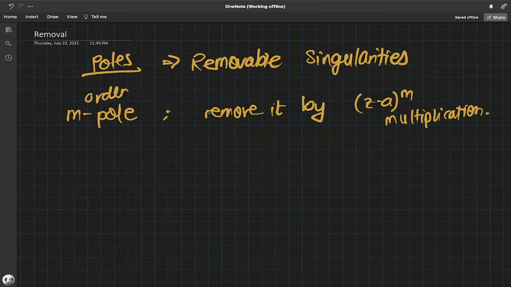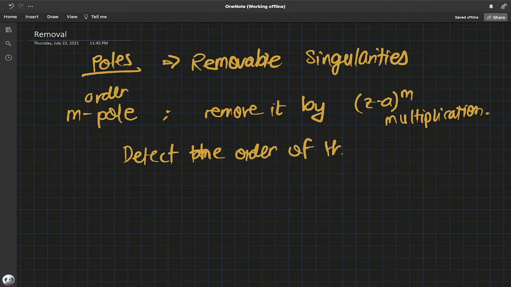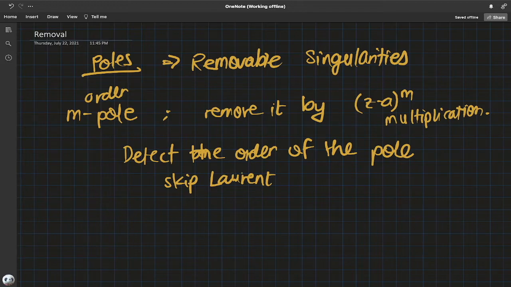You can use it to remove a pole, but you can also use this to detect the order of the pole. And the advantage of this is you can skip the entire Laurent series drama.